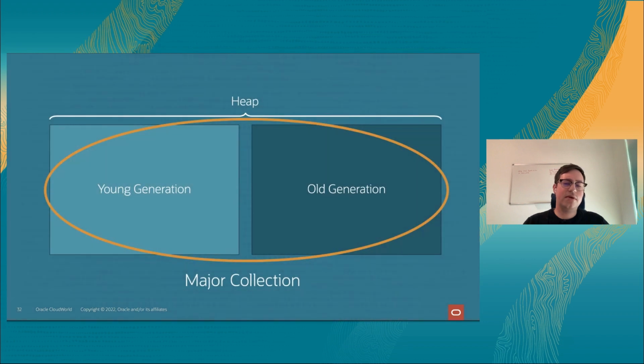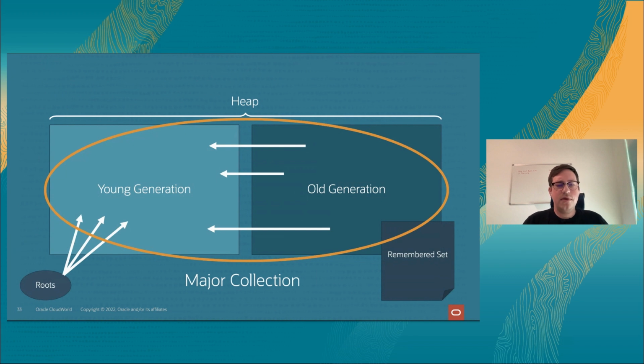Now, if we look at major collections, they want to collect the entire heap. And the way that this is done is to start with a young generation collection. And similar to before, we have our normal roots plus the remembered set that we use to trace through the young generation.